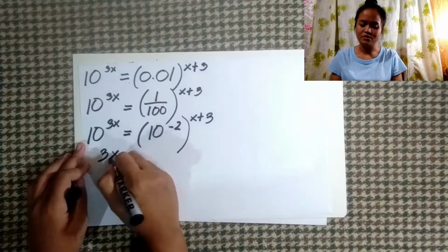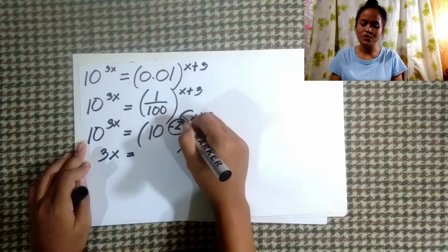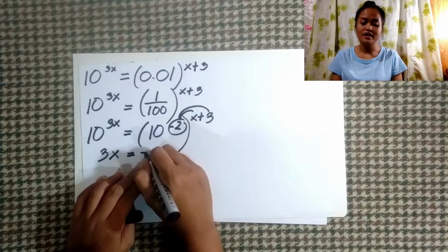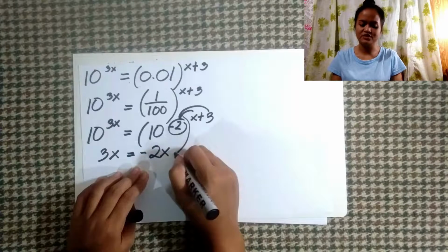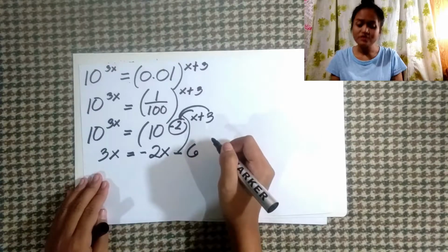3x equals, so let's distribute negative 2 with x plus 3: negative 2 times x, and negative 2 times positive 3. So this will give us negative 2x minus 6.